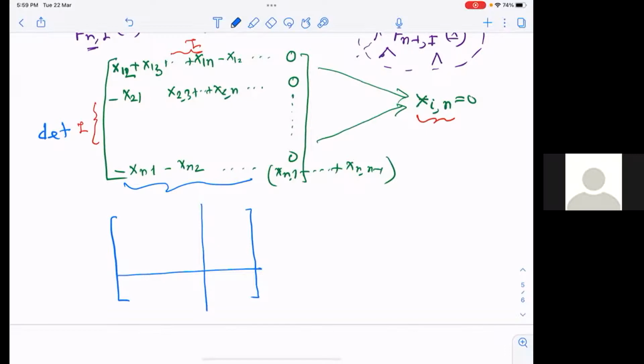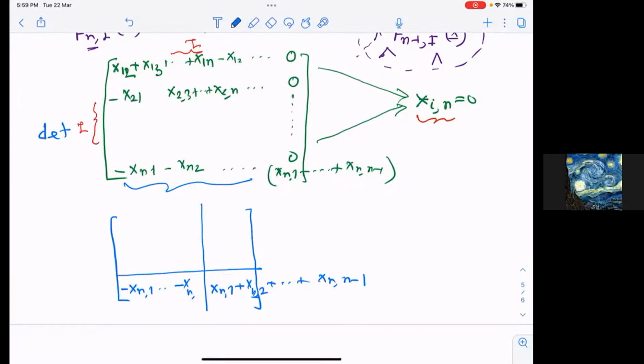So this entry will be xn1 plus xn2 plus xn minus 1. These entries will be xn1 minus x, something. In the diagonal elements also, the i comma n terms will be 0, right?